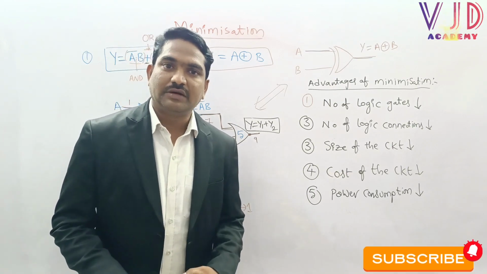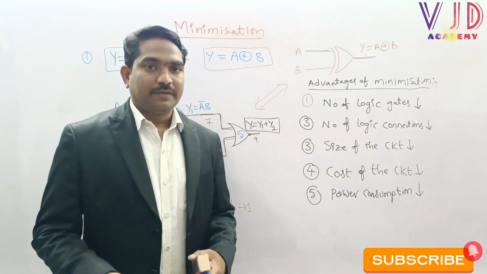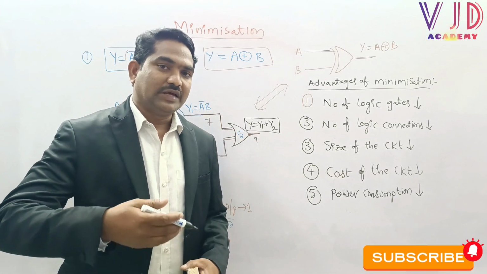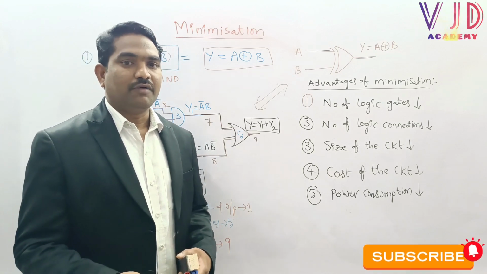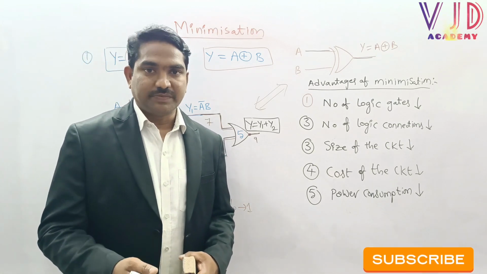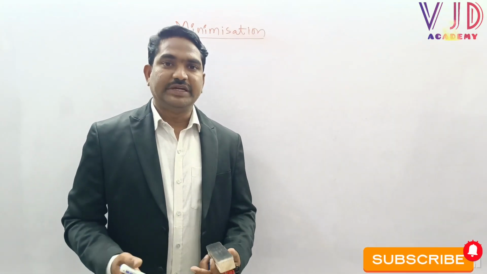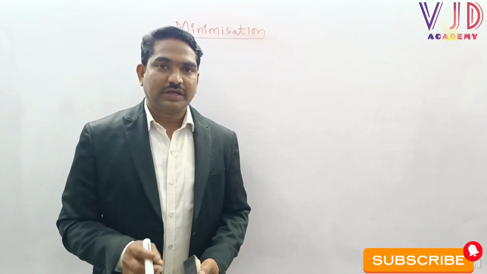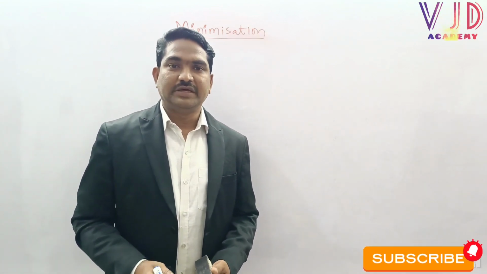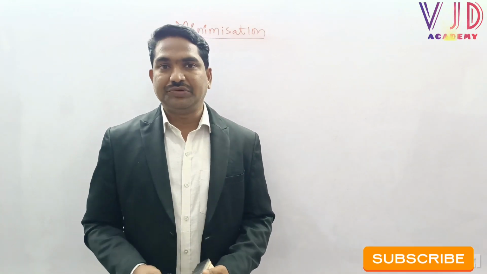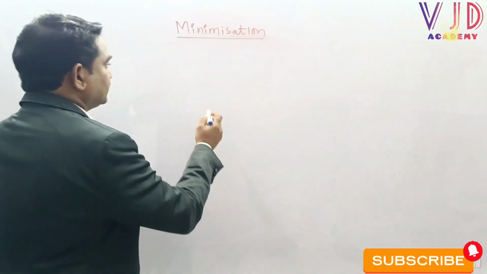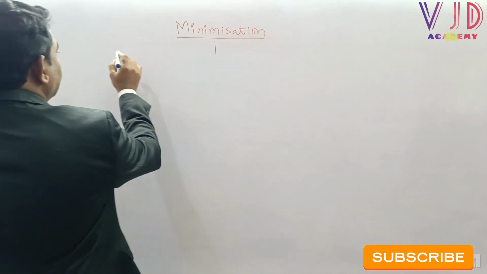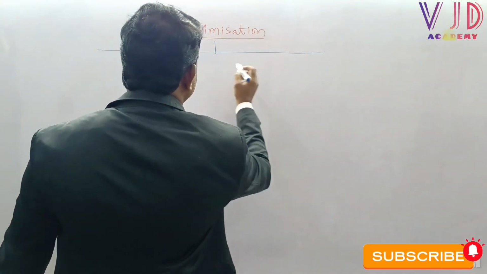Let us try to understand one by one the basic advantages, the limitations, and the capability of each method. As I said, we have 3 types of minimization techniques for any digital circuit.